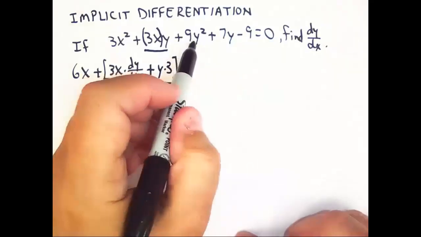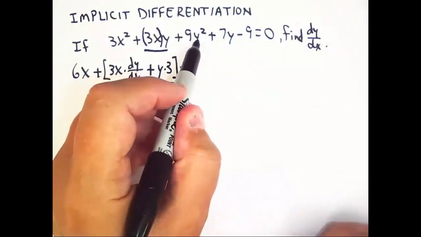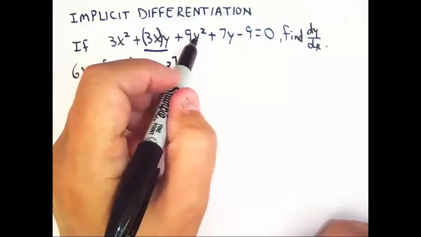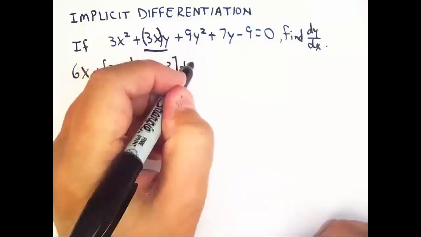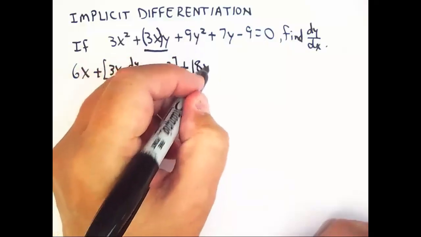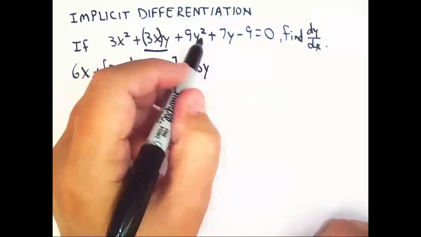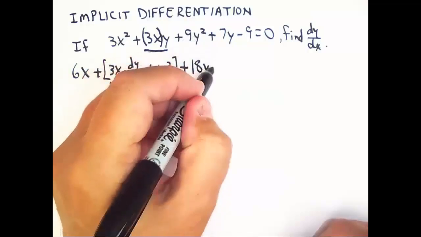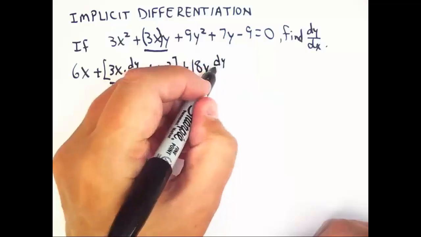Then you keep going. The next term, y is a function of x, so you use the chain rule. 2 times 9 is 18. Y to the second drops down to y to the first, and then you come in and take the derivative of the base, so that'd be dy over dx.